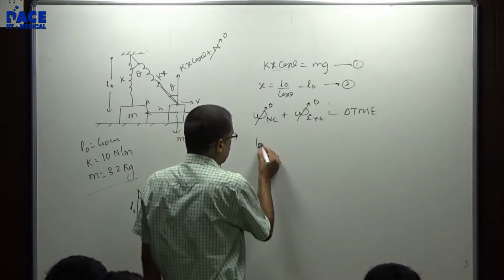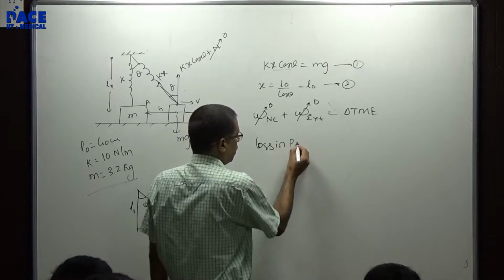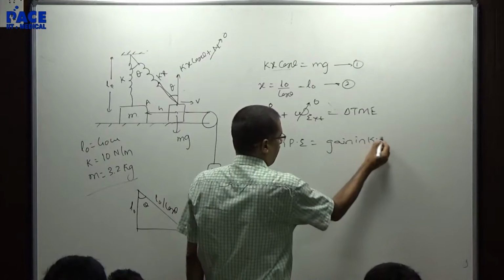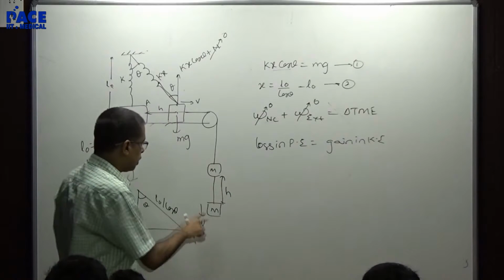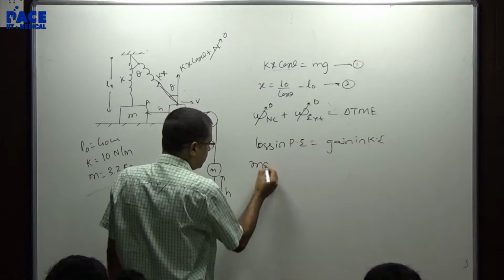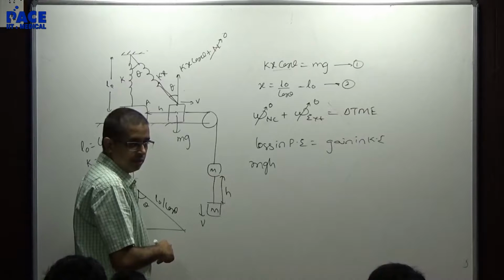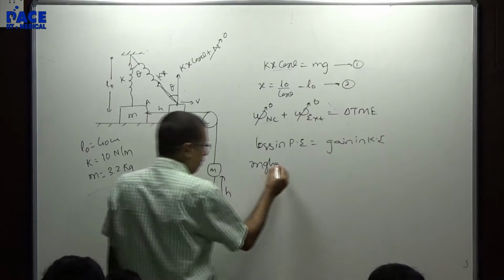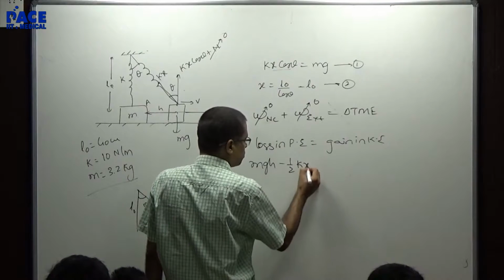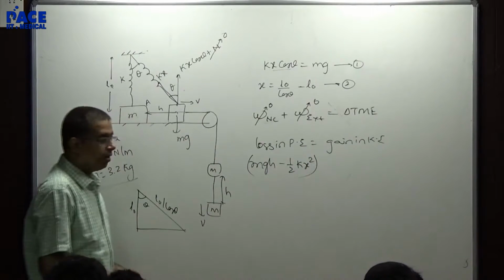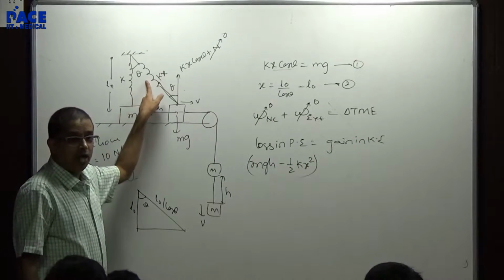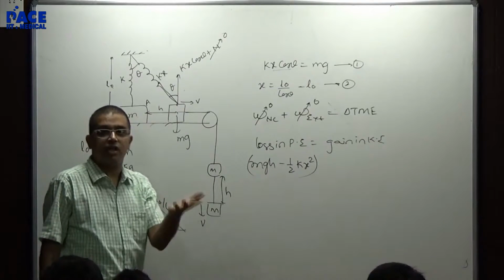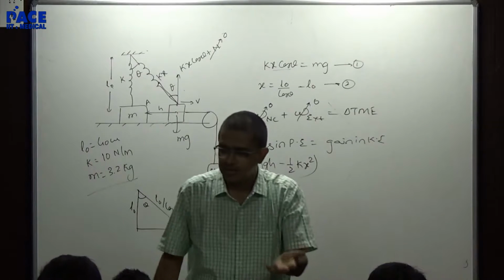That means loss in potential energy is equal to gain in kinetic energy. Loss in potential energy is mgh, minus half kx square. The elongation in the spring is also potential energy. Half kx square is potential energy stored in the spring.